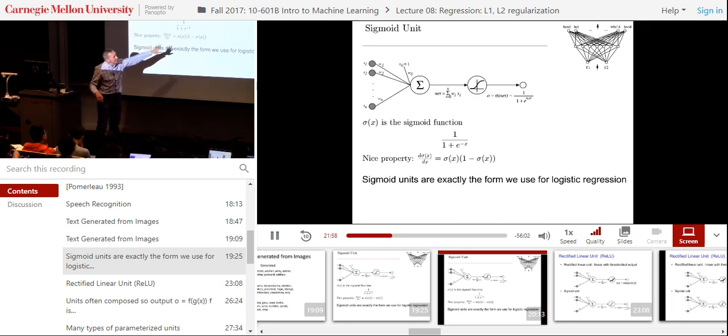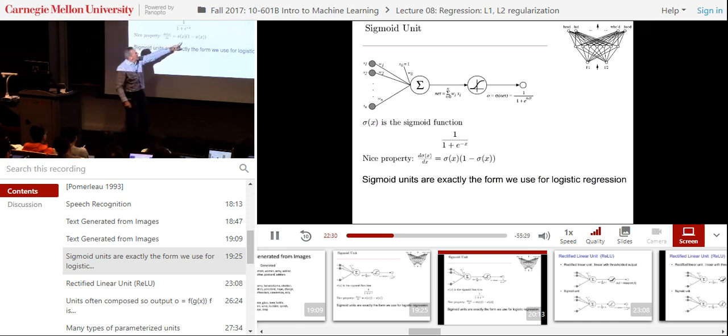When people were first experimenting with this, that's exactly the way they thought of it. They thought, well, there's no connection here to probability, but it works, so we're going to do it anyway. But as we'll see before the end of lecture, these days we really do understand that these networks can be interpreted and used to train conditional probability distributions, just like we can use logistic regression to do that. So we'll see that today.